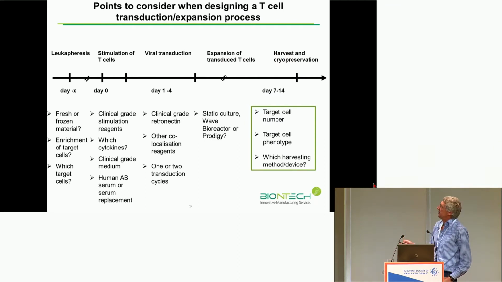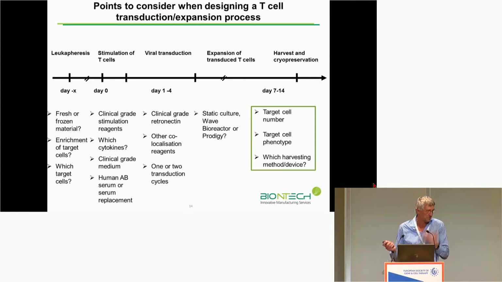And then the last topic is how long do you want to expand? When do you want to harvest? How do you want to harvest? This largely depends on how many cells you want and how the cells shall look. Obviously, you want to know how they function, but you will only know how they function later in the patient.